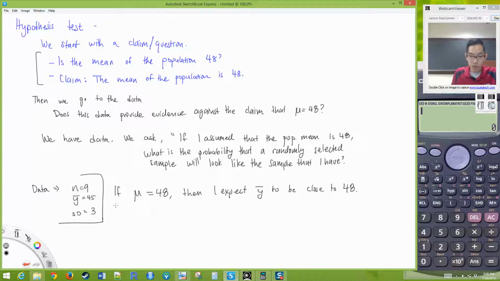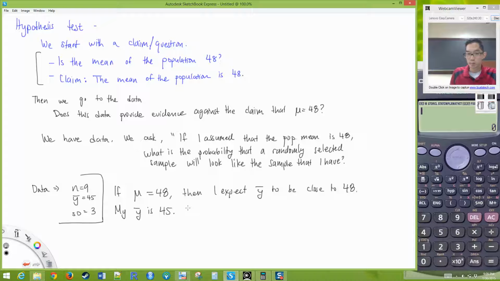My y bar is 45. Is the fact that it's 45 enough to convince me that this property of the population is actually wrong?